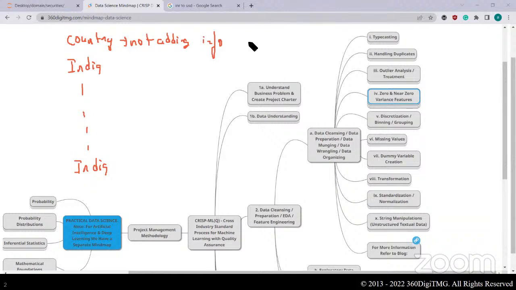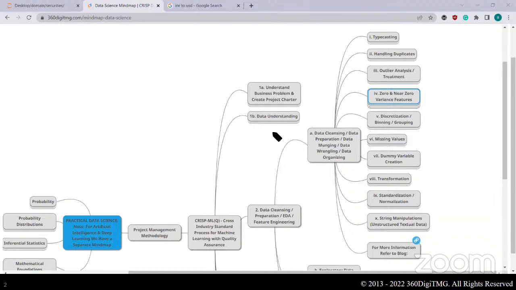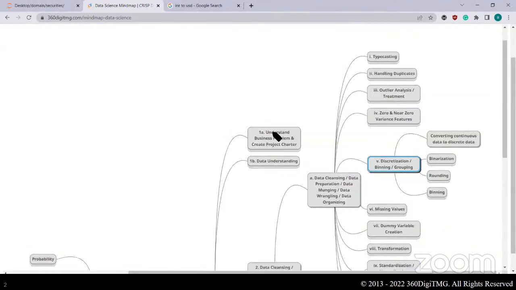So then moving forward, we have discretization, binning or grouping. Discretization means converting continuous data to discrete data. Now this is not the same as typecasting. In typecasting, we are changing the data type.